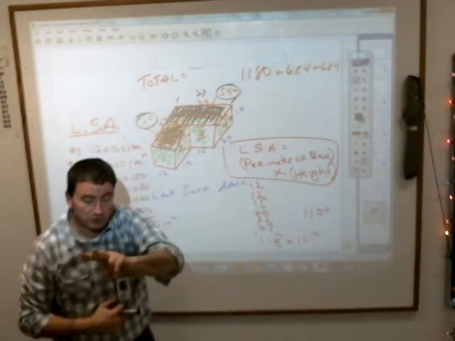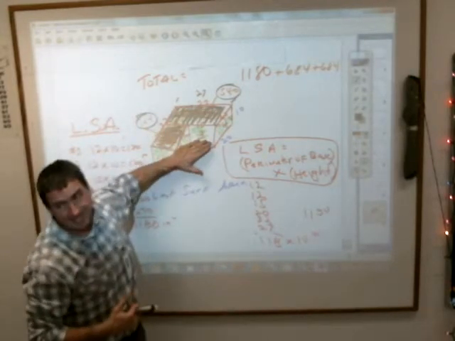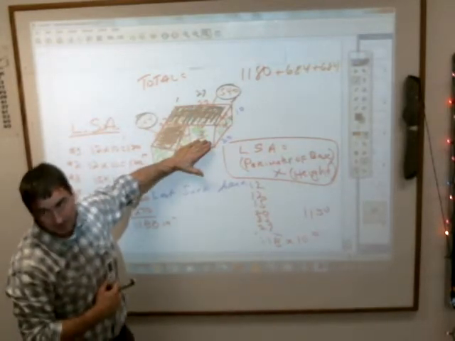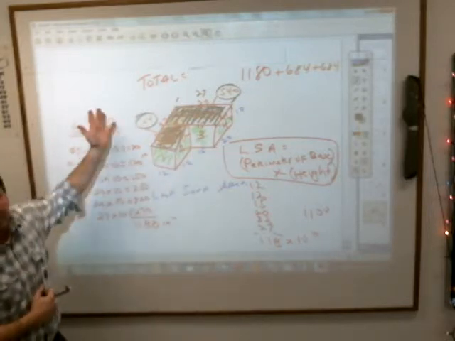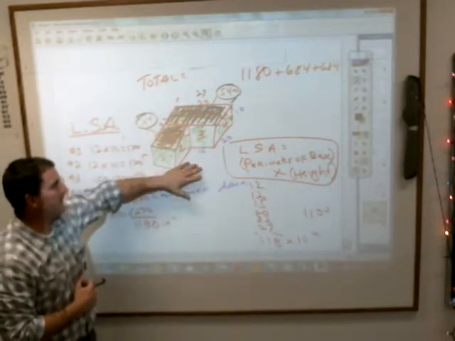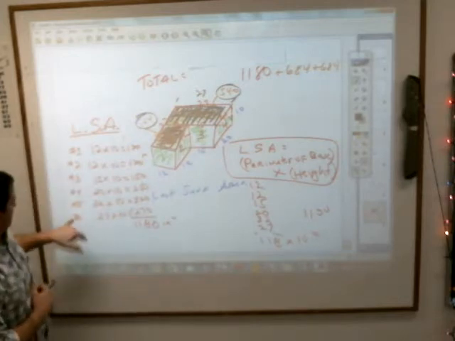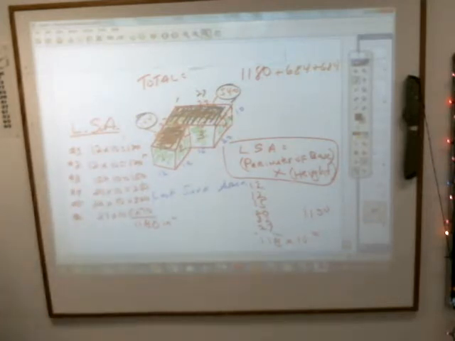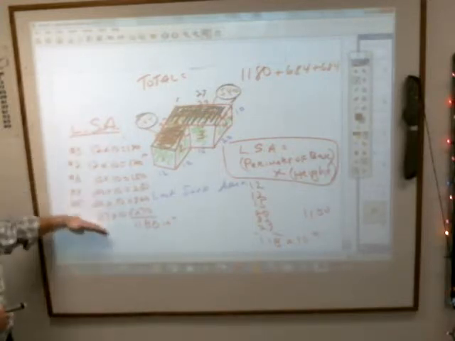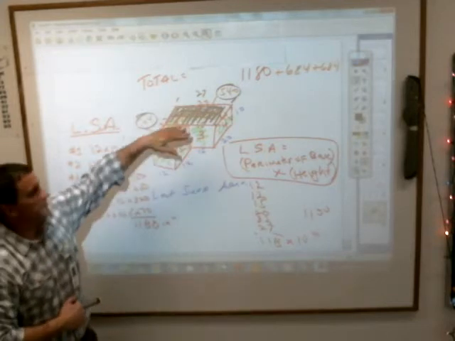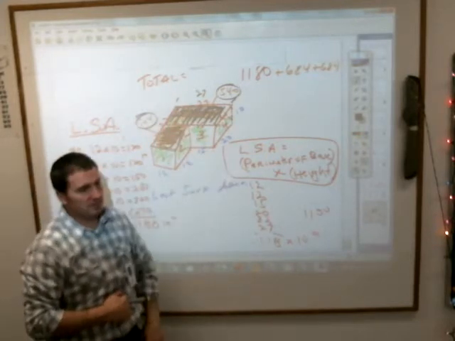And I have two of those because there's this top and the bottom that I can't see. They're the same shape. And that completes all the sides there are to this shape: a top and the bottom, and the 1, 2, 3, 4, 5, 6 sides that it has. Is that for the total surface area? That is for the total surface area. The lateral surface area was just the 6 sides. For the total surface area I had to add the 6 sides plus the top and the bottom.